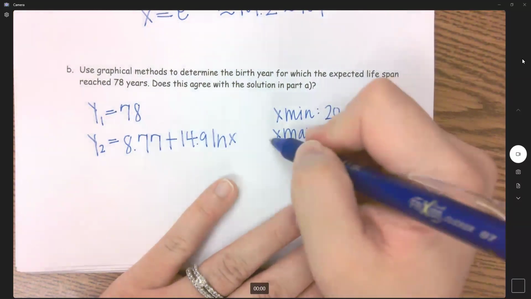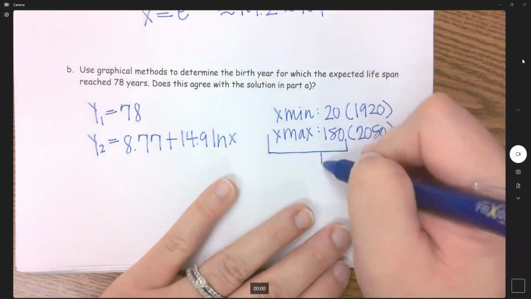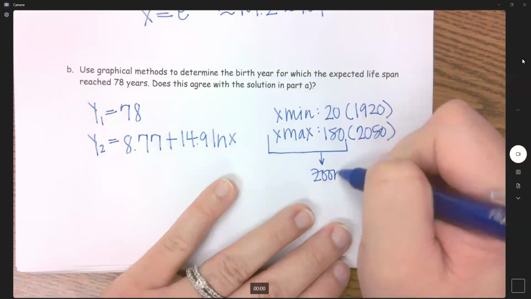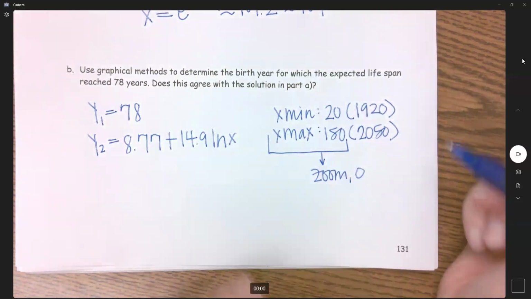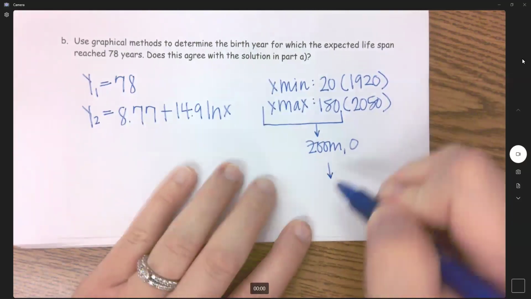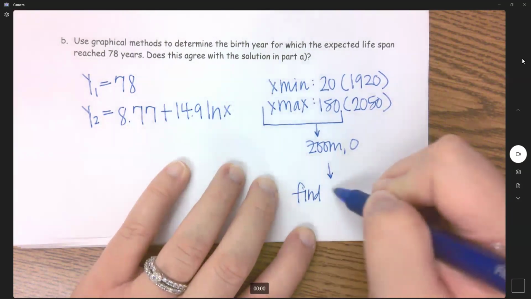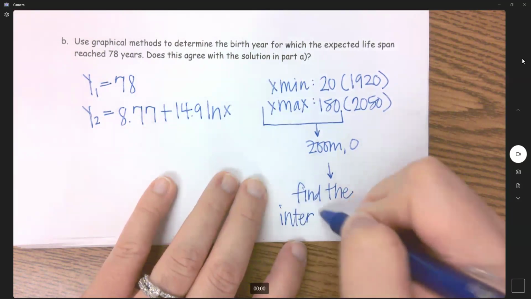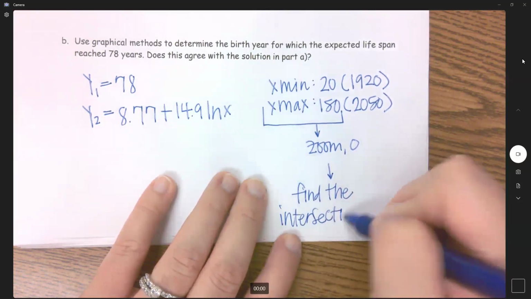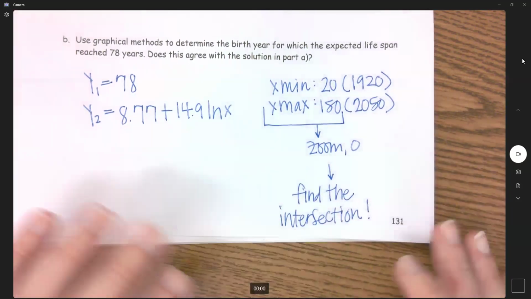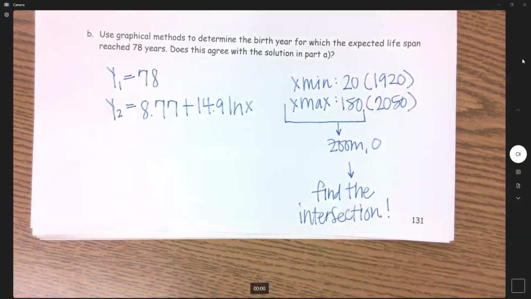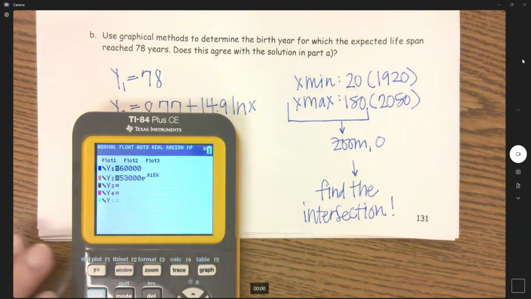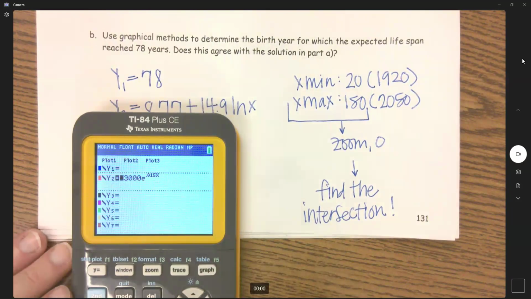So let's change this. We'll do zoom 0. And then we need to find the intersection. Okay, so y equals, let's clear out all of that.